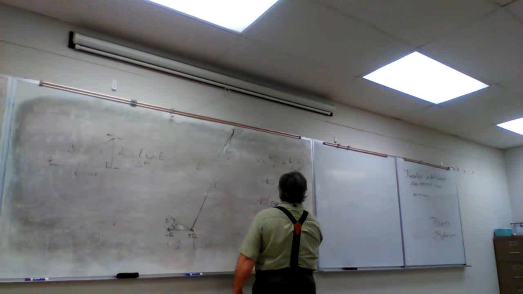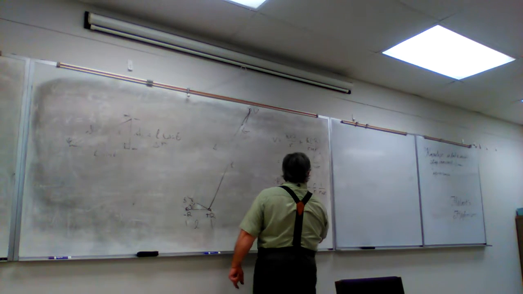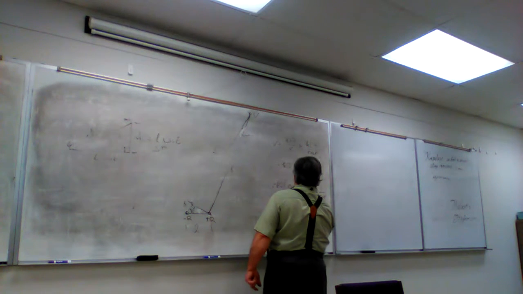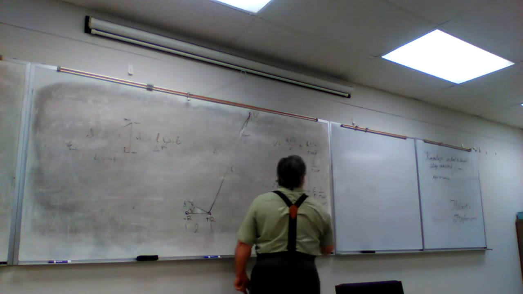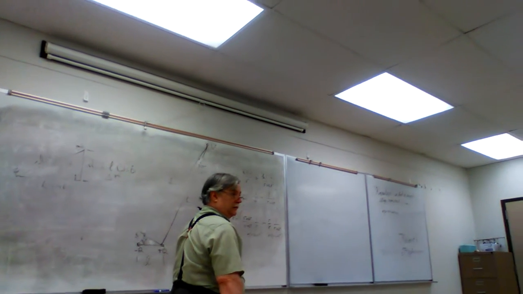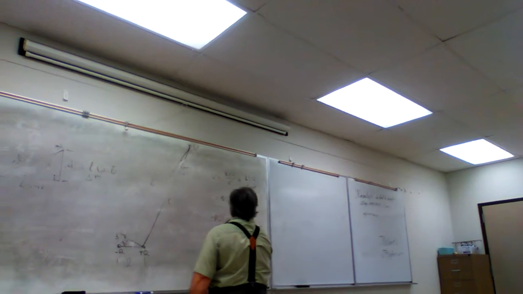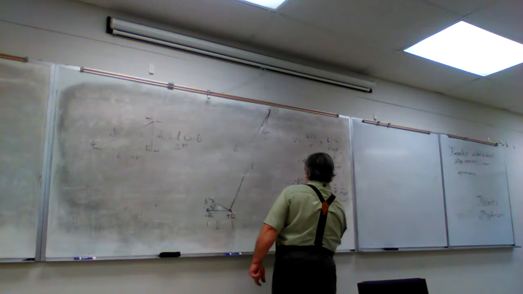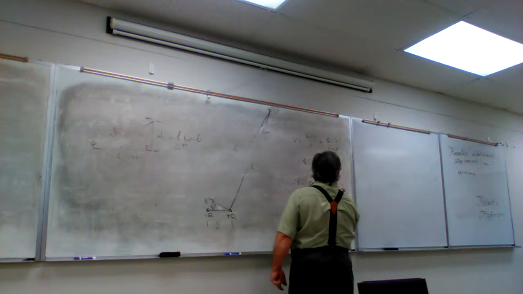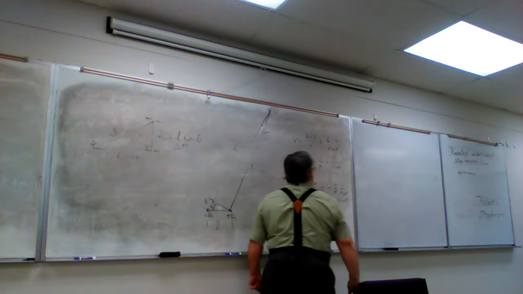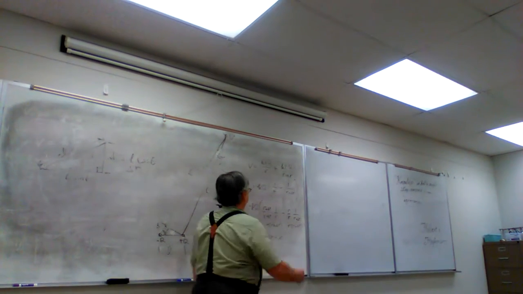Now that means I've got R times R plus delta R and R times R plus delta R. That's my two common denominators. So this becomes R plus delta R minus R. See?